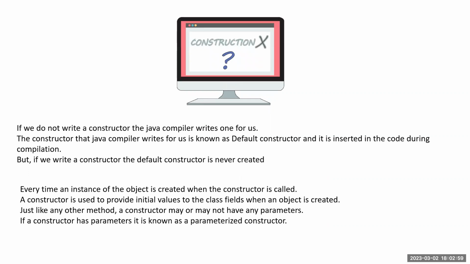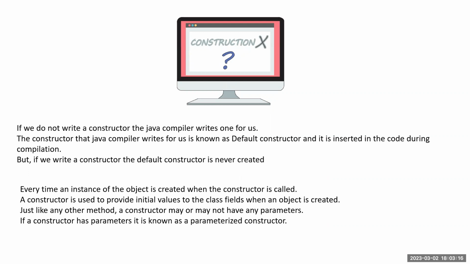Before that, let's understand what happens if you do not write a constructor. If you do not write a default constructor in Java, the Java compiler itself writes one for you.